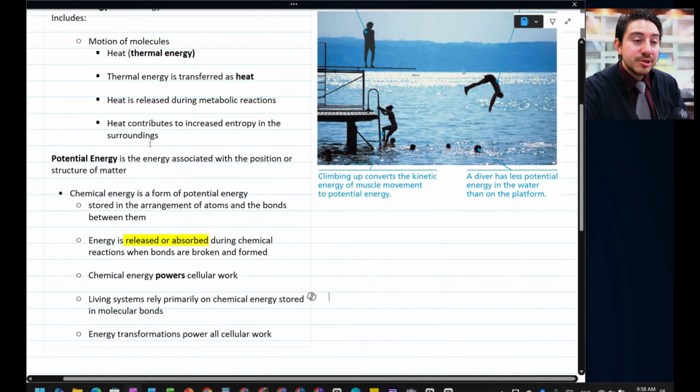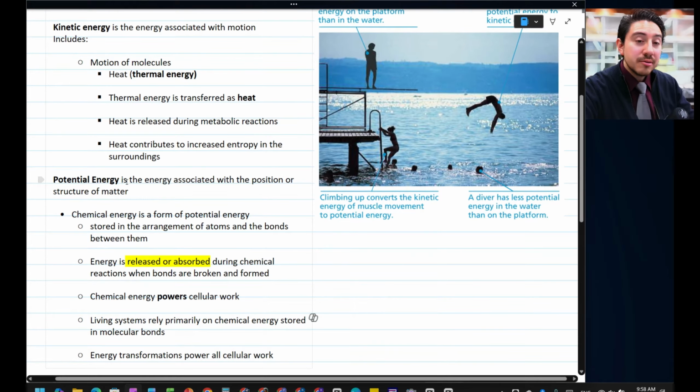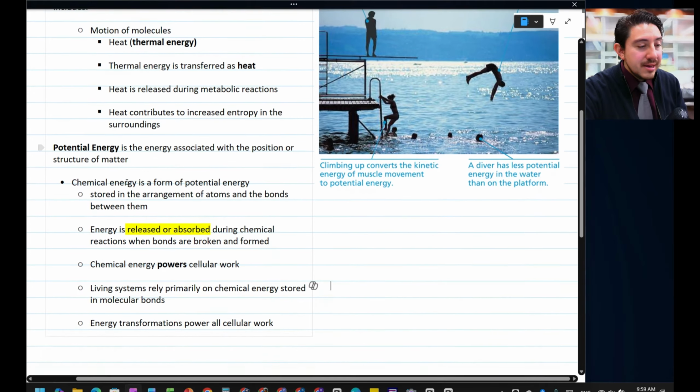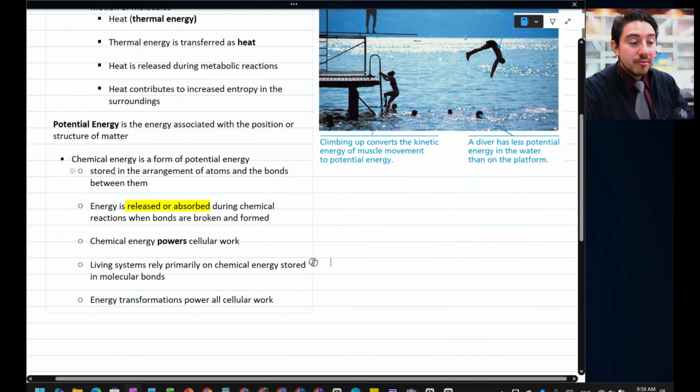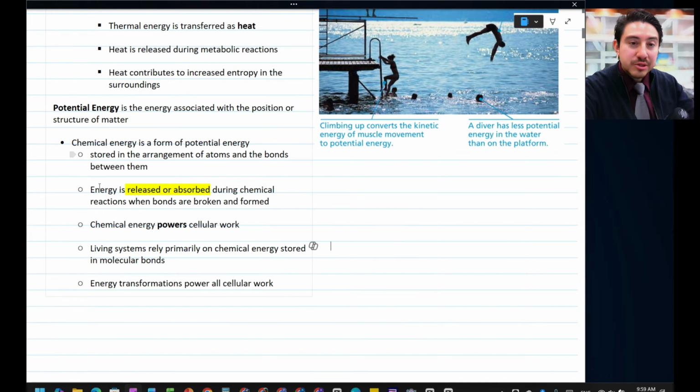Kinetic energy. Then you have potential energy. It's energy that is associated with position or the structure of matter. Okay. And chemical energy is a form of potential energy. Here you have energy stored in the arrangement of the atoms and in the chemical bonds that are formed between atoms.